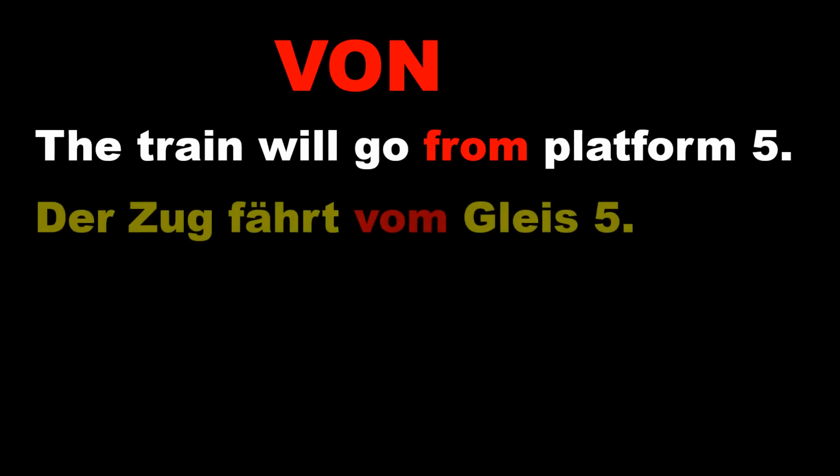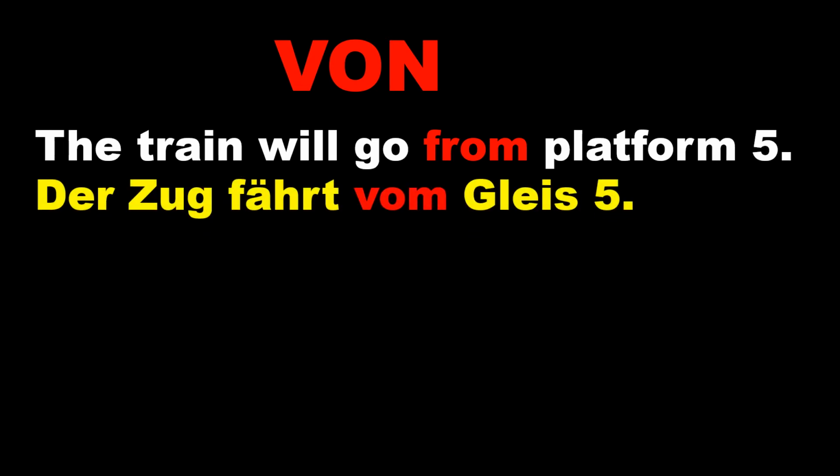Let's go ahead. Next one is von. Now, let's take one example. The train will go from platform 5. Der Zug fährt vom Gleis 5. Now you must be wondering why I have written vom.